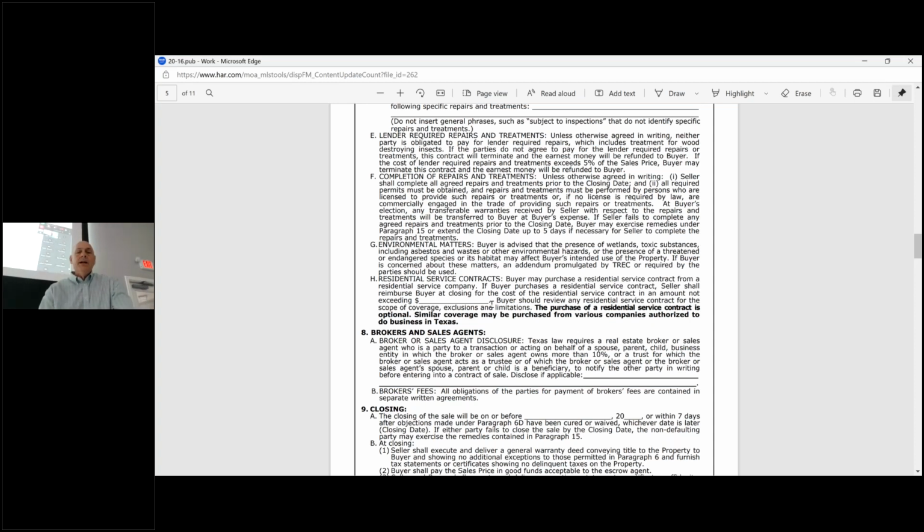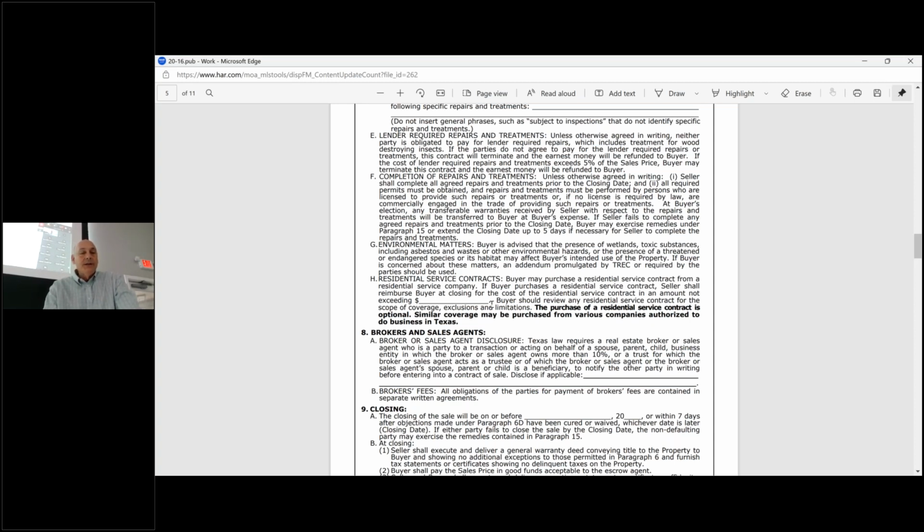So here we go. Unless otherwise agreed in writing, neither party is obligated to pay for lender required repairs, which includes treatment for wood destroying insects. If the parties do not agree to pay for the lender required repairs or treatments, this contract will terminate and the earnest money will be refunded to buyer.